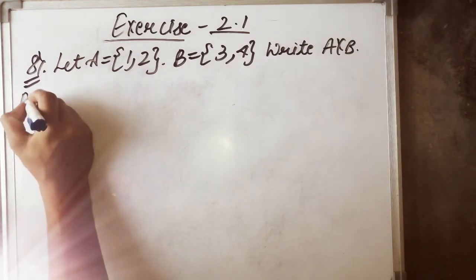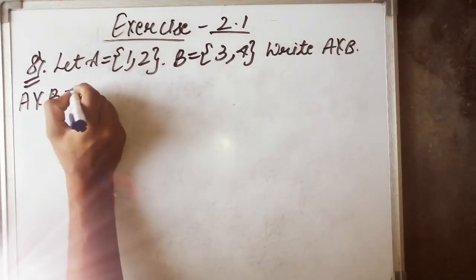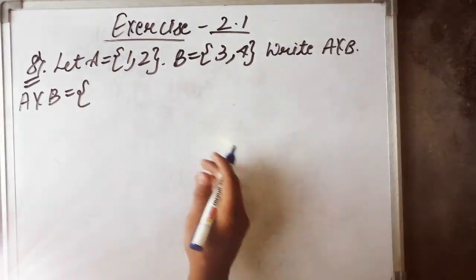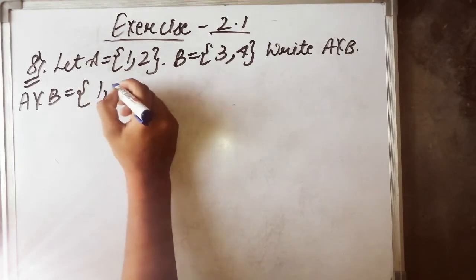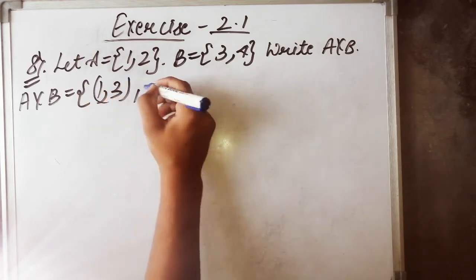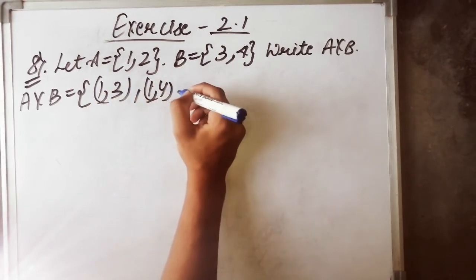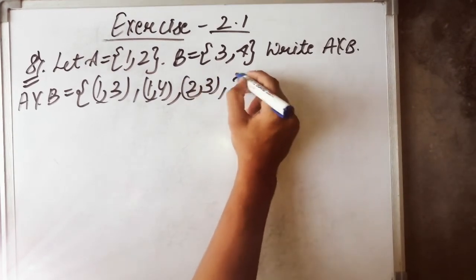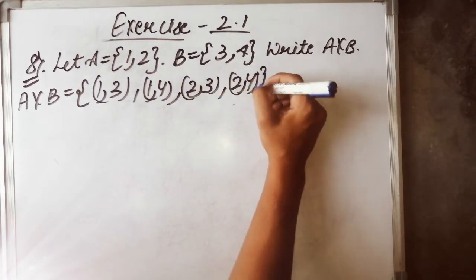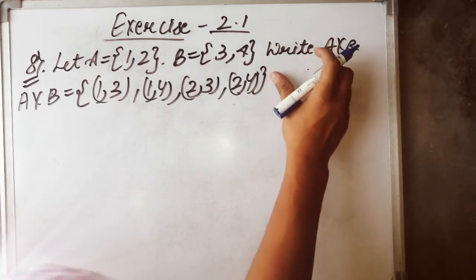First of all, we need to write down A cross B. A cross B equals (1, 3), (1, 4), (2, 3) and (2, 4), and if we count them, the total number of elements is 4.